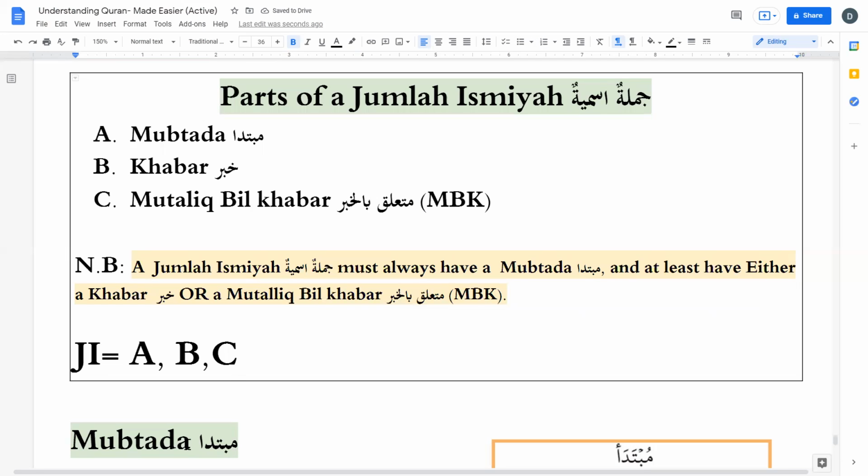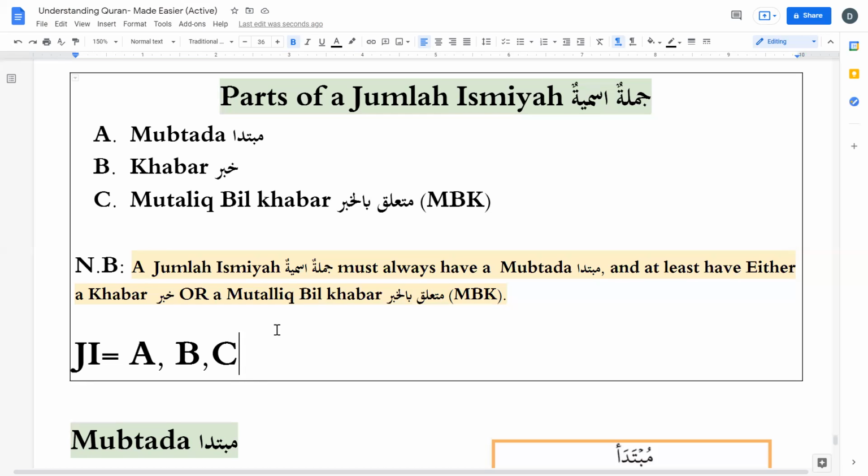So that's the normal placement of these three components of a Jumlah Ismiyah. But for particular reasons, this sequence of mubtada, khabar, and mutaliq bil khabar can be different.